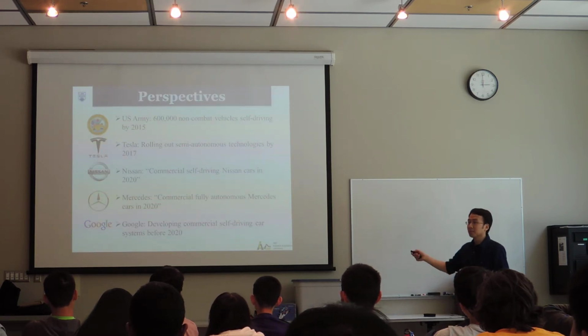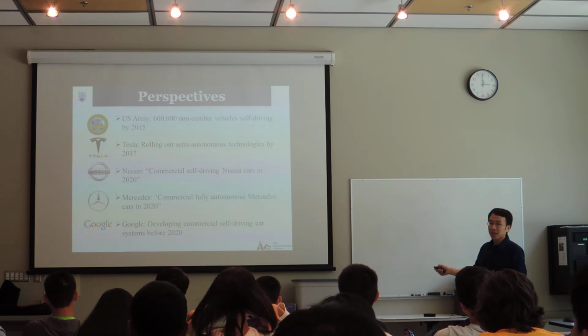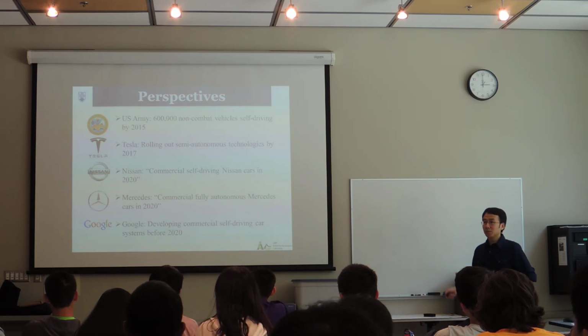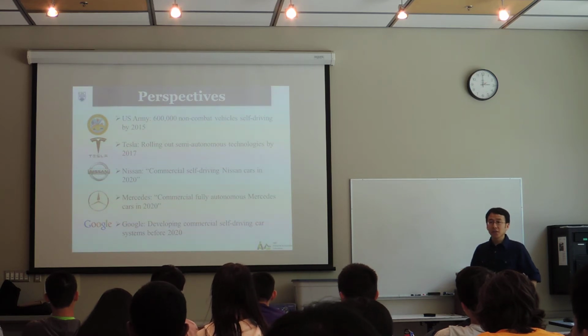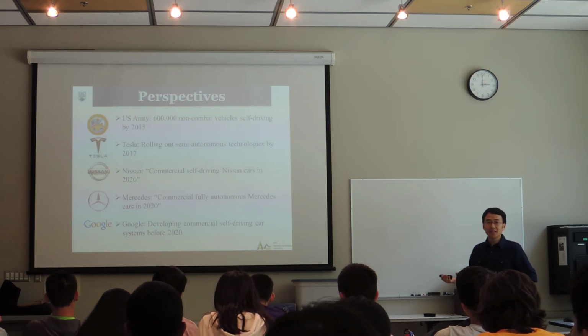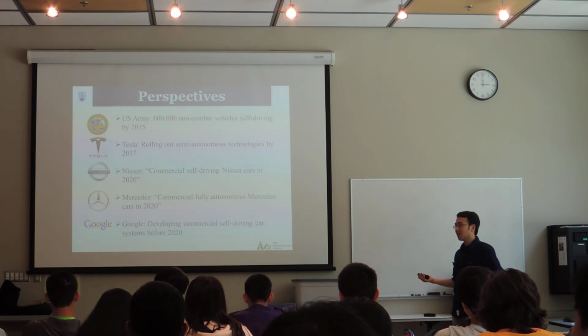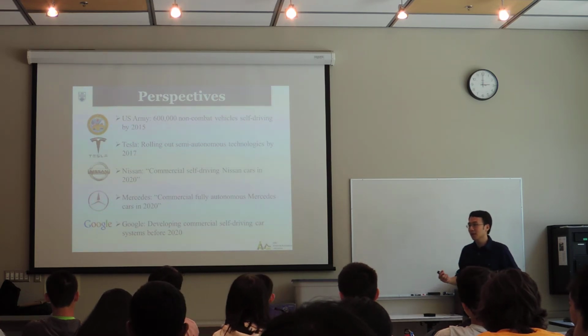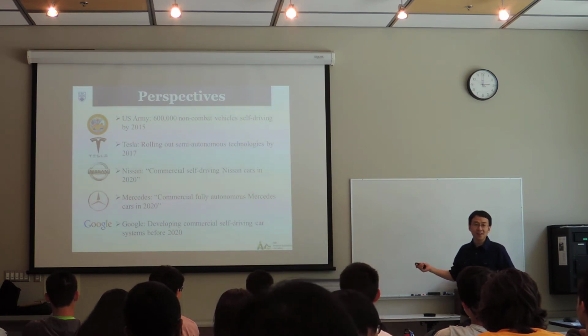Though some of the big companies announced that they will bring commercial self-driving cars into our daily life by 2020, personally, I doubt it, because from today's achievements, it seems that people still don't trust it. You can't give your life to a car, right?